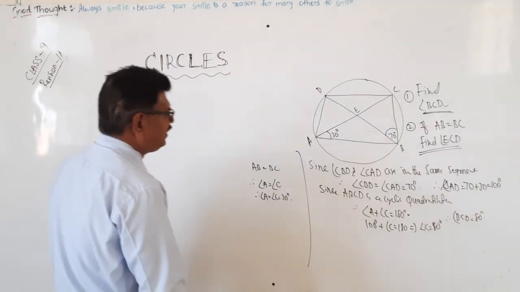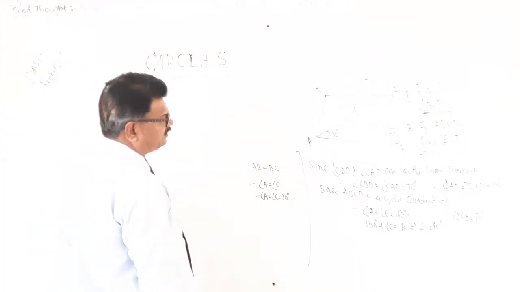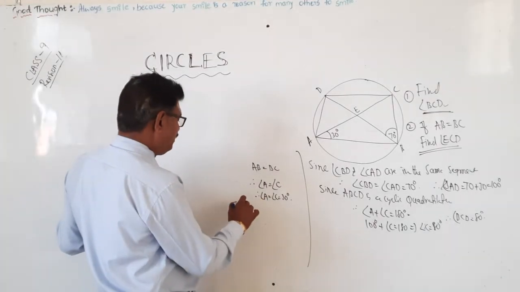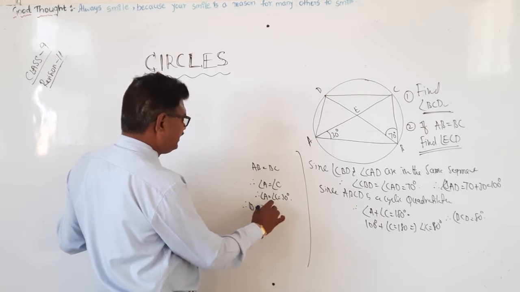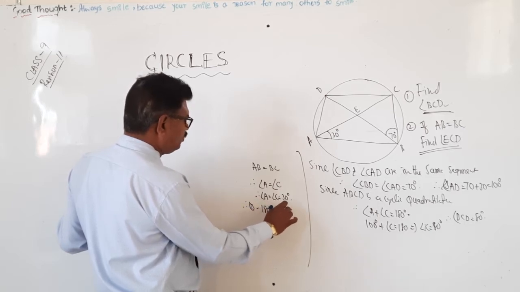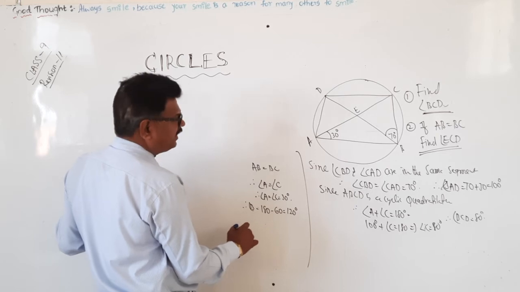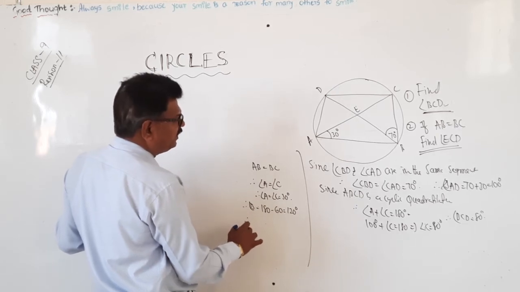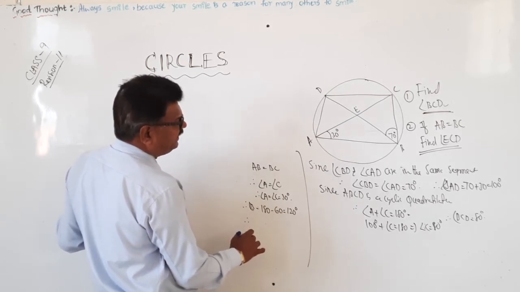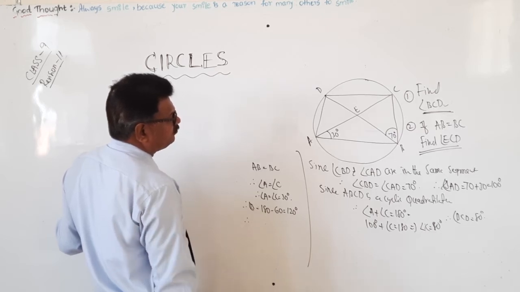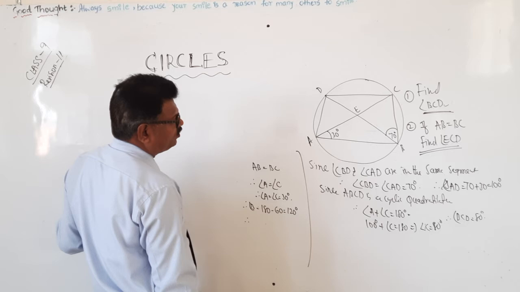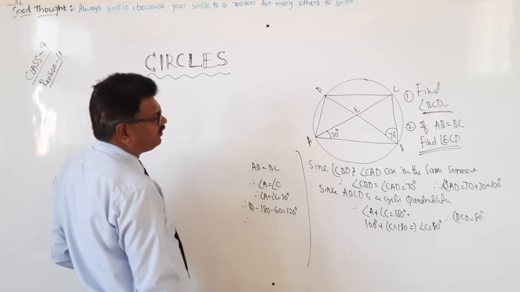Now take that. Therefore, angle B is equal to 180 minus 60, equal to 120. Right? Therefore, we have to find out angle ECD. Okay? Yes. It will be how much? Tell me.